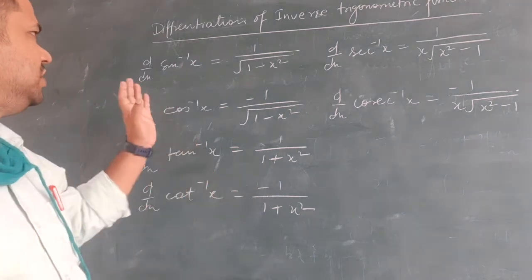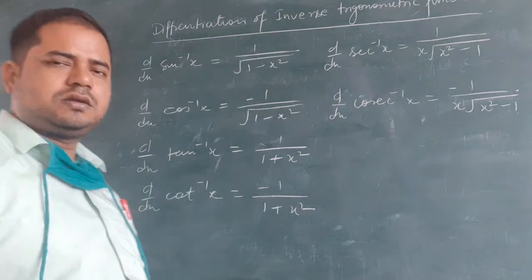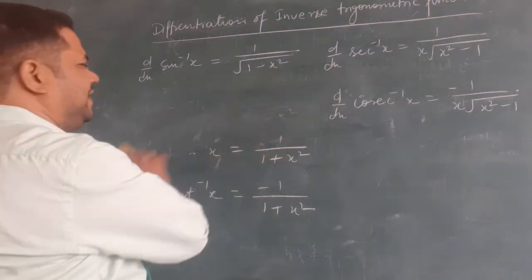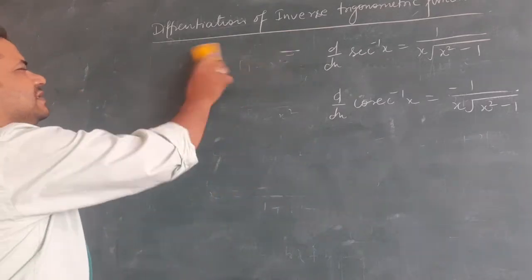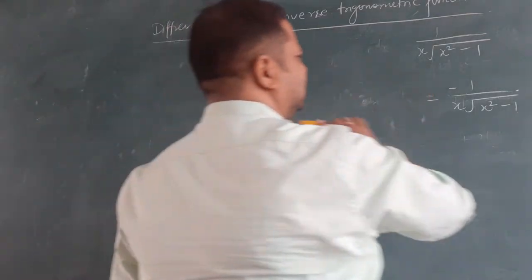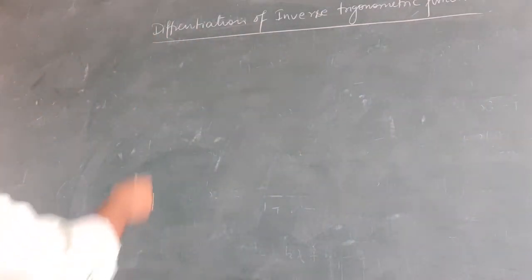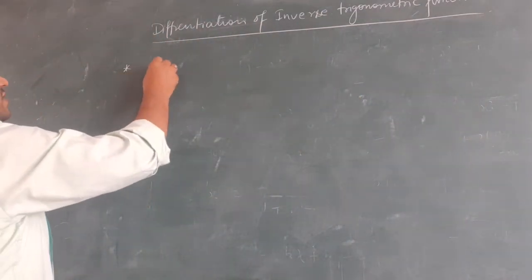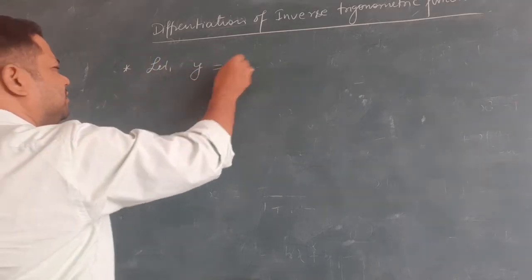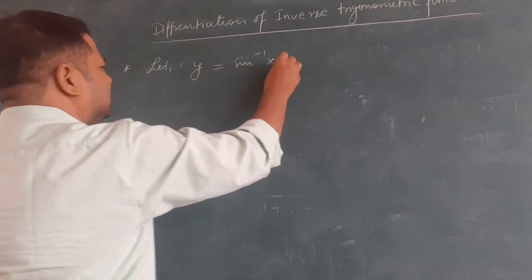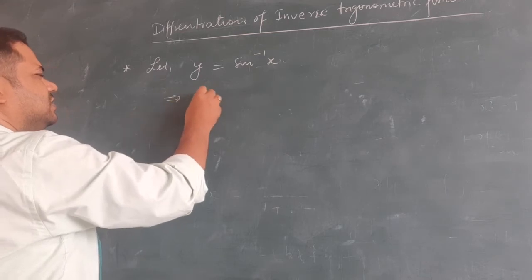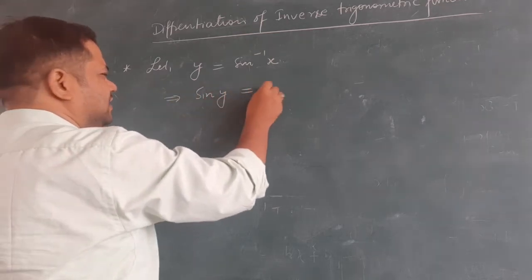Now we are going to see the proof, how to prove it. So first one, d by dx of sine inverse x. Let y is equal to sine inverse x. So this means sine y is equal to x.